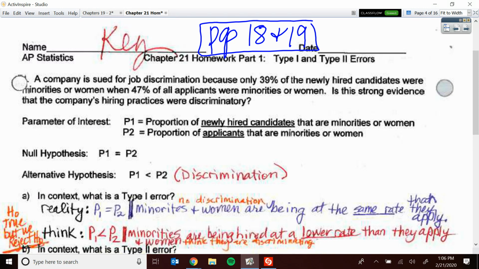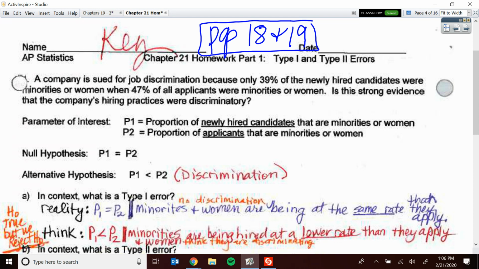So what's a consequence that could happen because of that error? Yeah, a lawsuit. A group, the NCAA or whoever does their thing, comes and files a lawsuit against the company for discrimination.